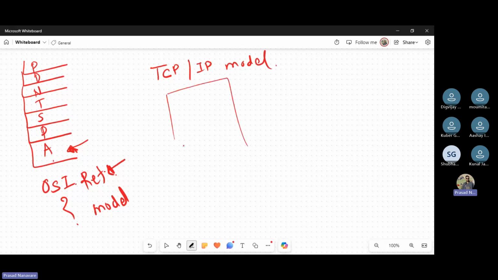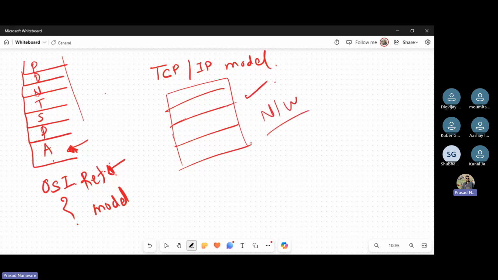TCP/IP, the advanced version of the OSI model. Have you heard TCP/IP? Yes, sir. So this actually comes into play in actual real-world networking, not OSI. OSI is a reference model. TCP/IP is the actual model.